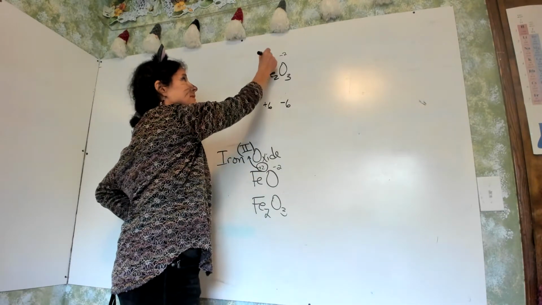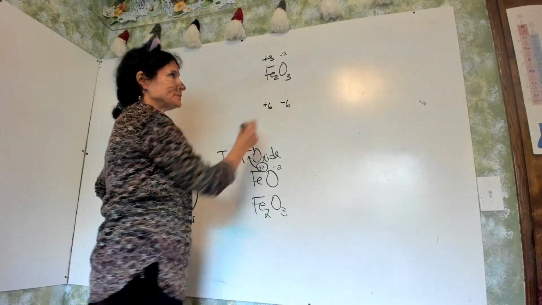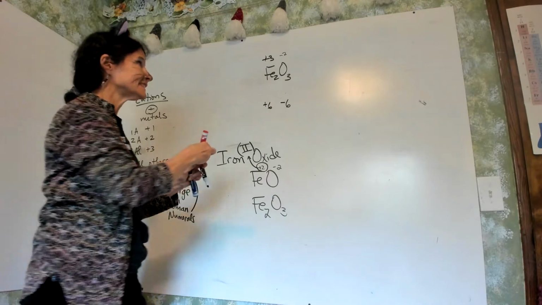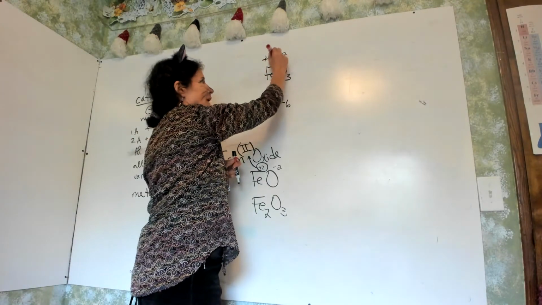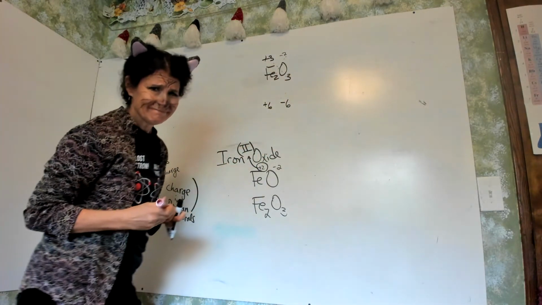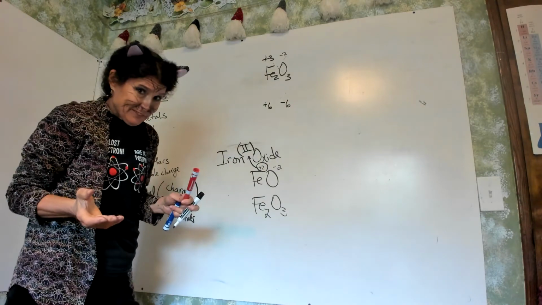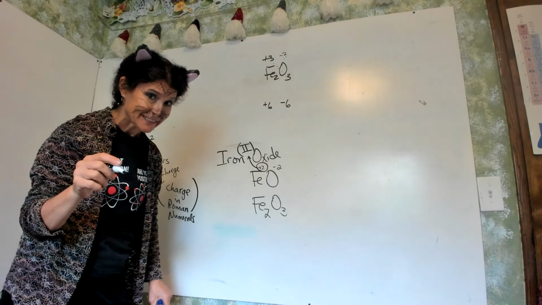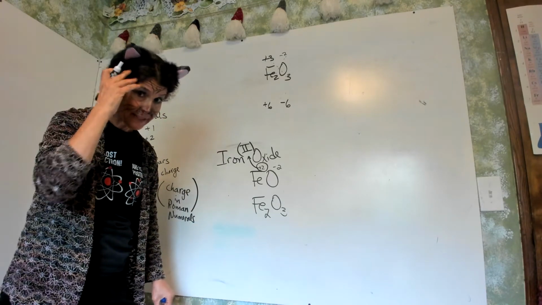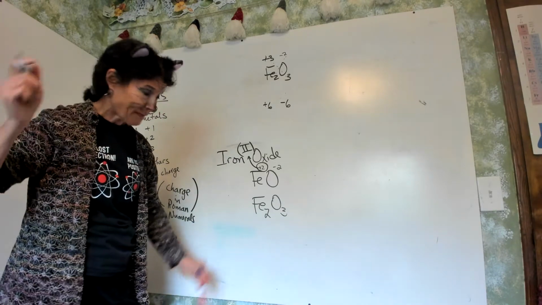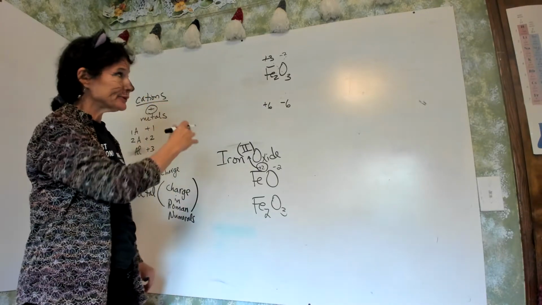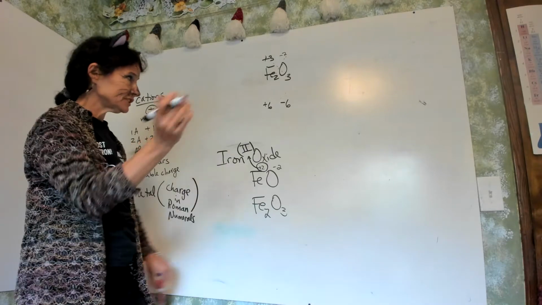So the irons must be +3 because +3 times 2 would give me a +6. So again, the 2s and 3s, you kind of do this swapping thing. Some people love that trick. And some people, if you do the lab sincerely with your own brain cells and your own pencil and pen or whatever, you will get this and you will see 2s and 3s and you'll just do them.